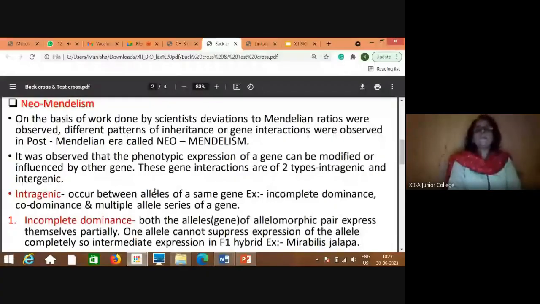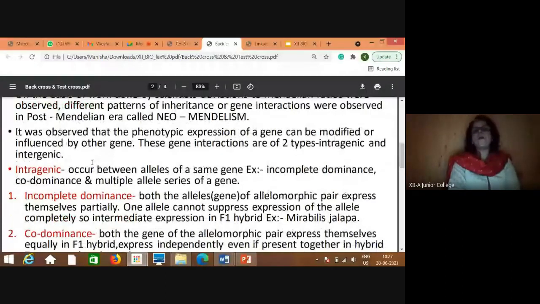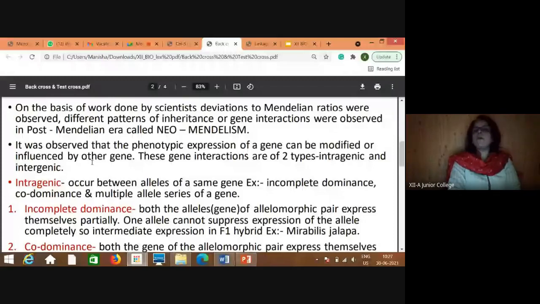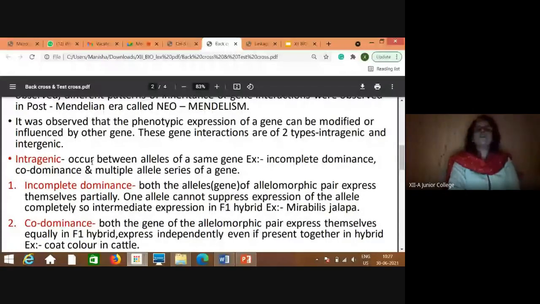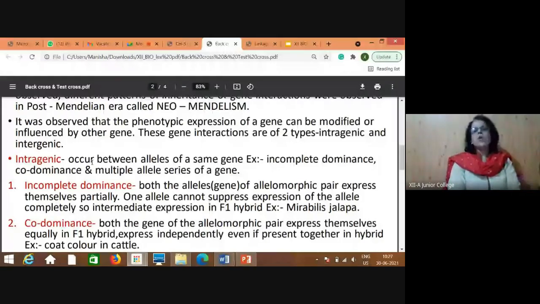The other scientists also performed experiments considering the results and laws proved by Mendel, and that is considered neo-Mendelism, something new beyond what Mendel proved at that time using his pea plants. All these things come under the post-Mendelian era called neo-Mendelism. First of all, Morgan explained using the experimental animal or insect, Drosophila melanogaster.